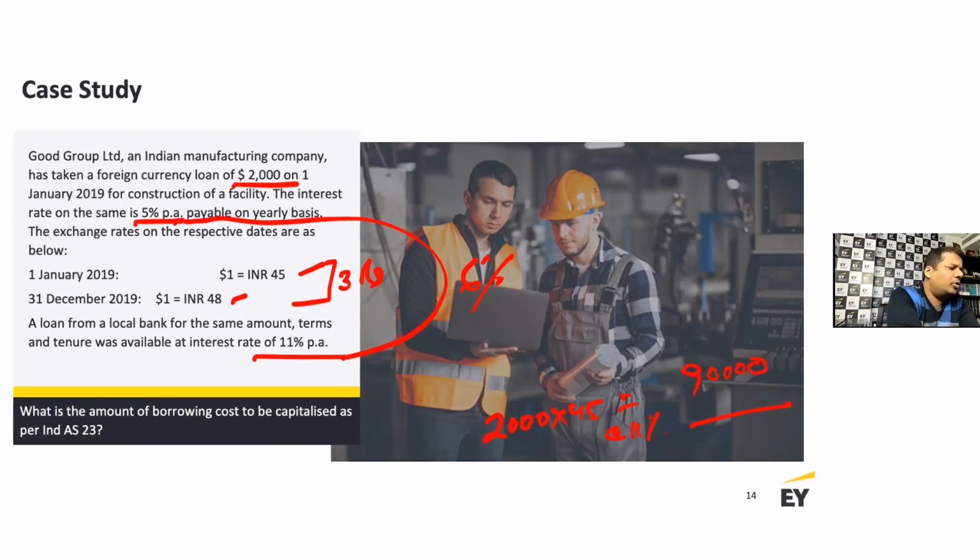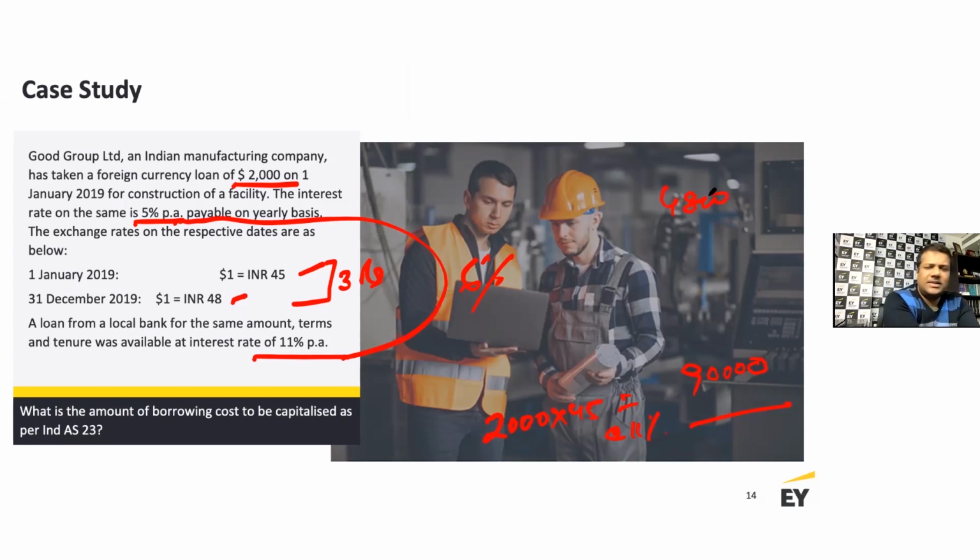Now I'm going to compare this with my actual cost. Actually, I am paying 5% on $2,000, so essentially I'm going to pay $100. $100 at the exchange rate of 48 is 4,800.